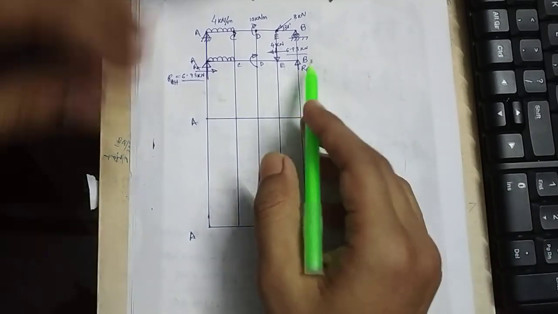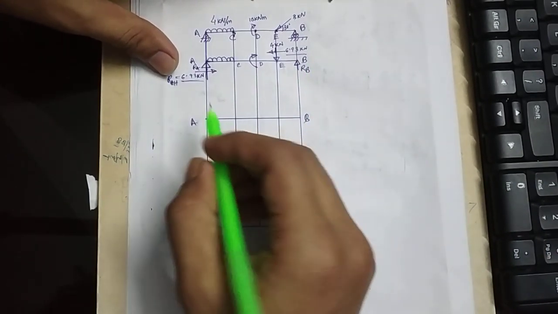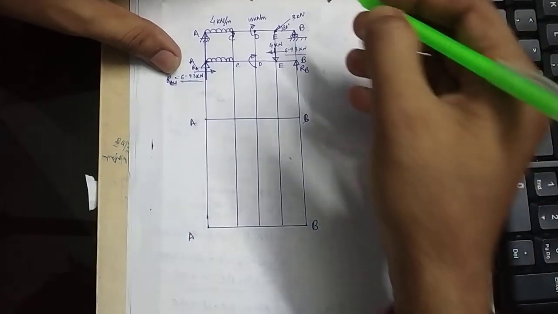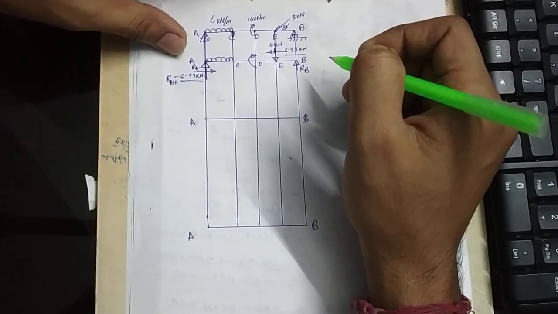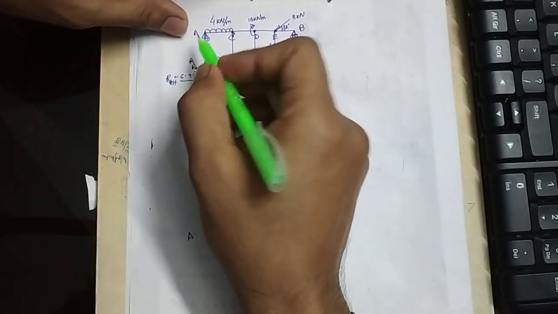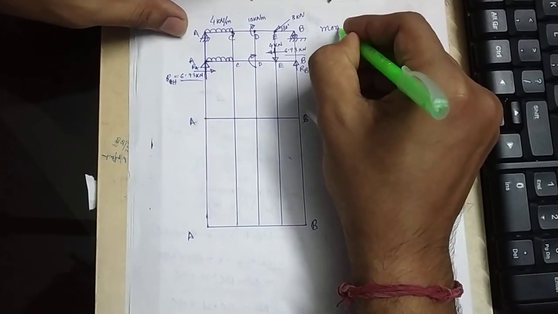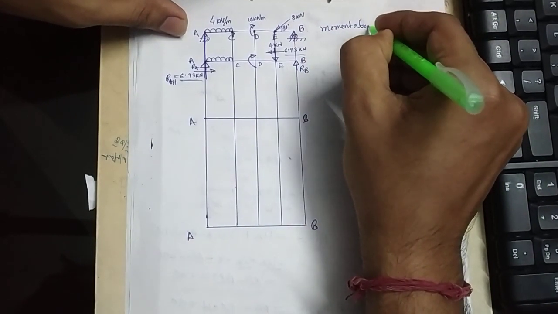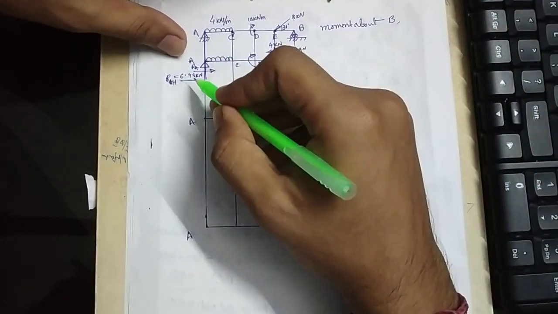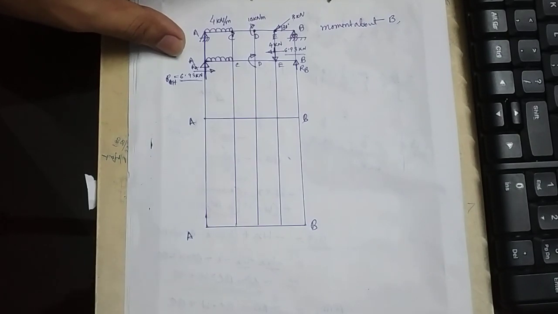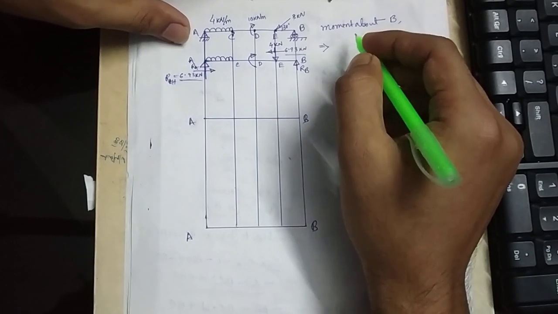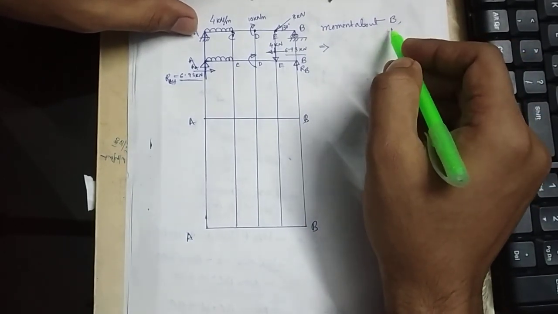Now we will work with the vertical loads only. So first of all we need to find RA vertical and RB. To find RB we need to take moments about A. So if we take moments about B, then what will we find?